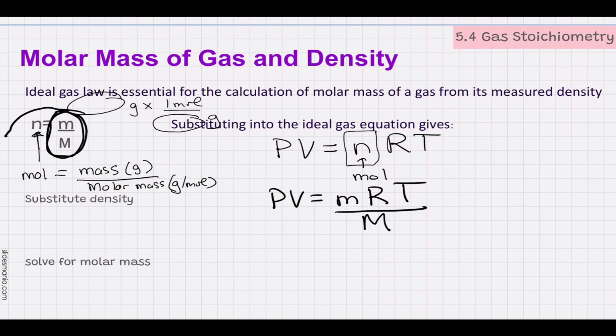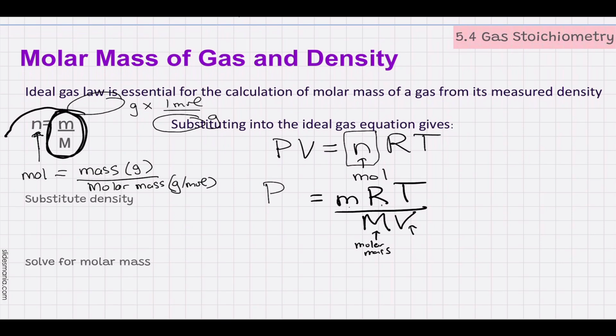Another thing I could do is, if I'm interested in density, if I have been given the density or I'm solving for density of a gas, I can take this equation and divide by volume on both sides. So I get, pressure equals mass times the ideal gas law constant times temperature over molar mass, remember that big M, it's not molarity, times volume.